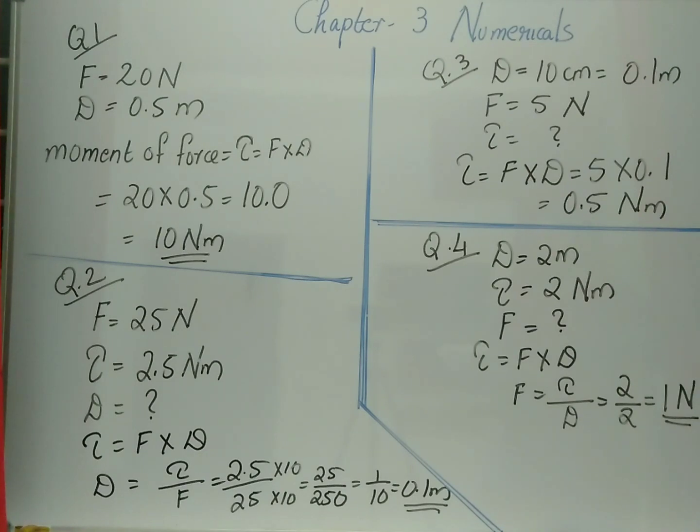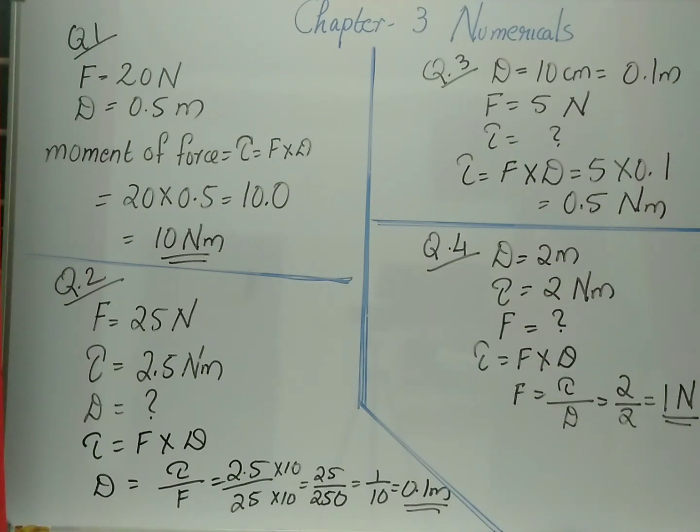Question number 4. A wheel of diameter 2 meter. Diameter means the length or distance is 2 meter. It can be rotated about an axis passing through its center by a moment of force equal to 2 Newton meter. So it is given 2 Newton meter, so we should know it is torque.